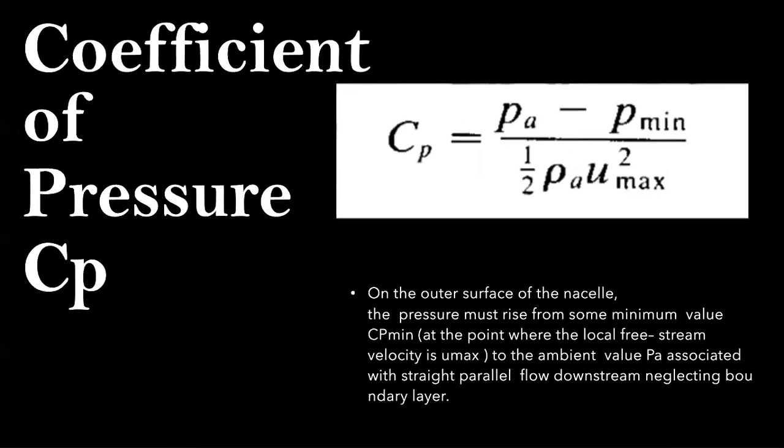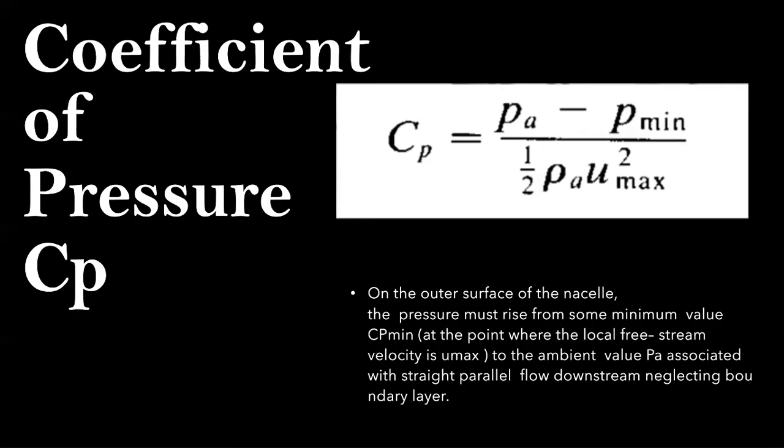Let us consider the coefficient of pressure. Coefficient of pressure in terms of u max, that is Cp is equal to Pa minus P minimum by half rho a u max squared. On the outer surface of the nacelle, the pressure must rise from some minimum value to the ambient value Pa, associated with a straight parallel flow downstream, neglecting the boundary layer.